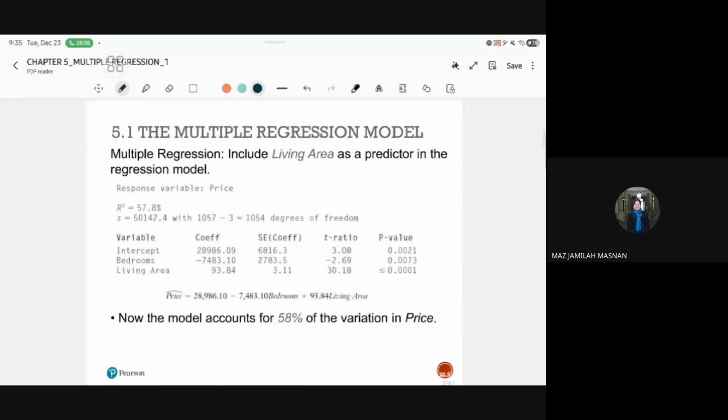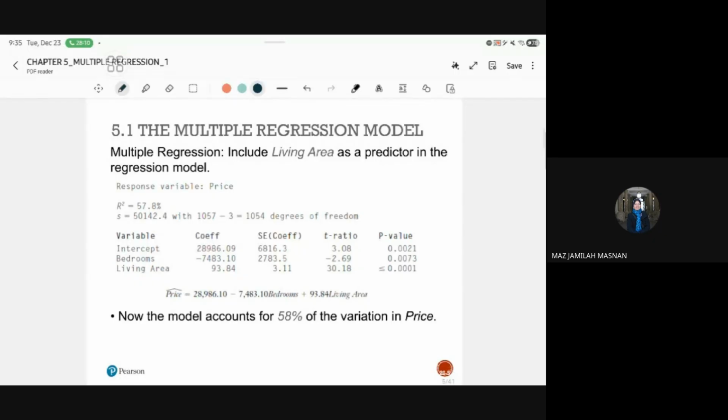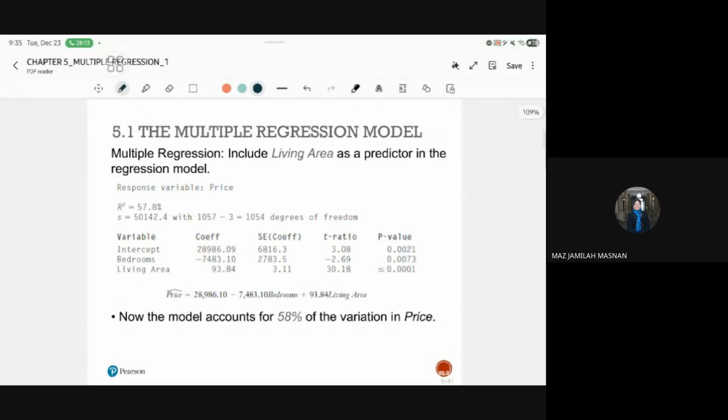So let us look at the second one. In the second model, we include the living area. Living area is the ruang tamu.